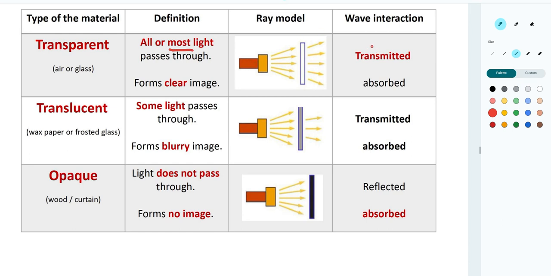And we know that because you guys are always standing in front of clear windows, and you're able to fix your Shaylas or look at yourself even in those windows. So most of that light is being transmitted, but a small amount of light is going to be absorbed.